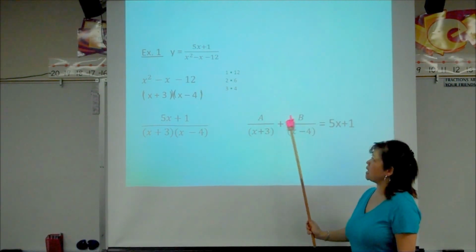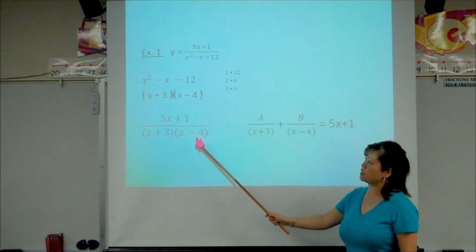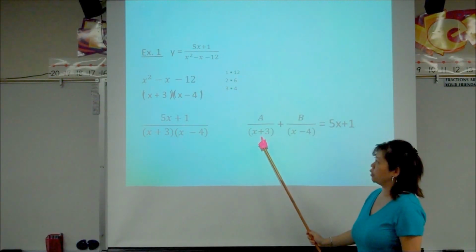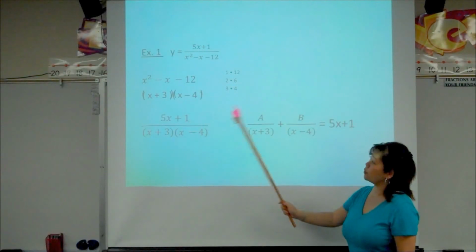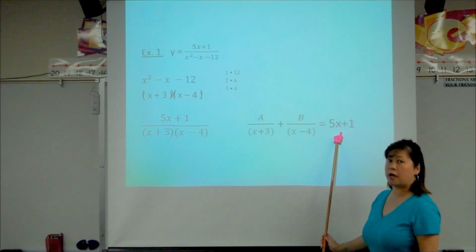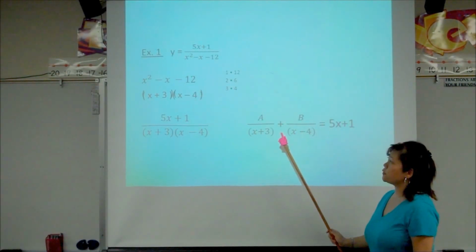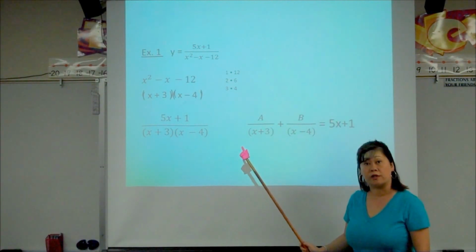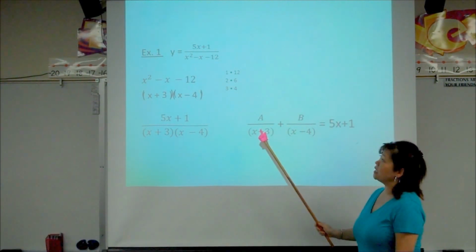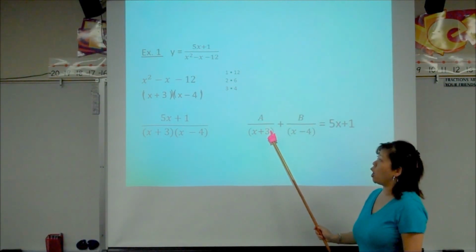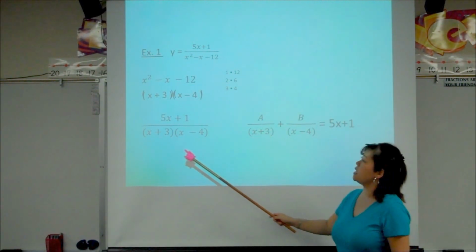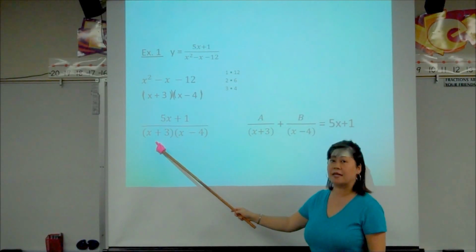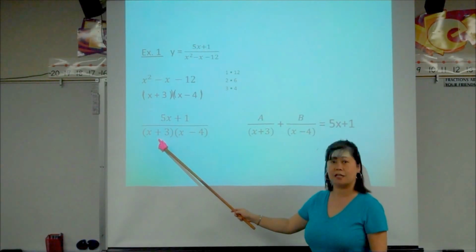So it's going to look something like this. I have this A and B, and we're going to use the denominators of these fractions underneath each of the A and B letters. And then the numerator we're going to set equal on the other side. Now, for the sake of making sure our work is consistent, underneath the A, always pick the number that is the smallest. For example, if I have x + 3 and set it equal to 0, this becomes negative 3.